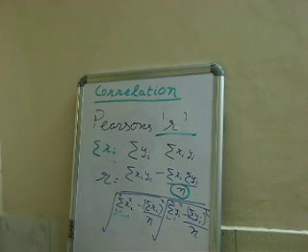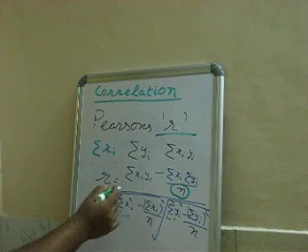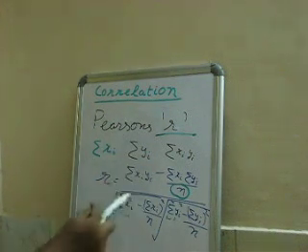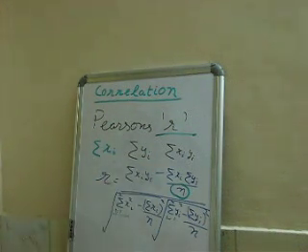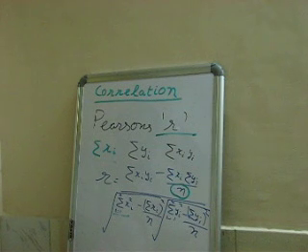So r is nothing but summation xi yi minus summation xi summation yi divided by n, divided by the standard deviation of x into standard deviation of y. This is how you calculate the coefficient of correlation. This coefficient of correlation is very useful in doing regression analysis.